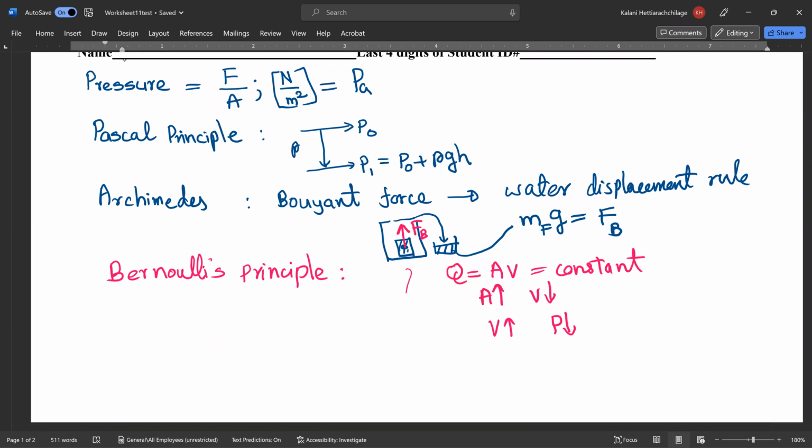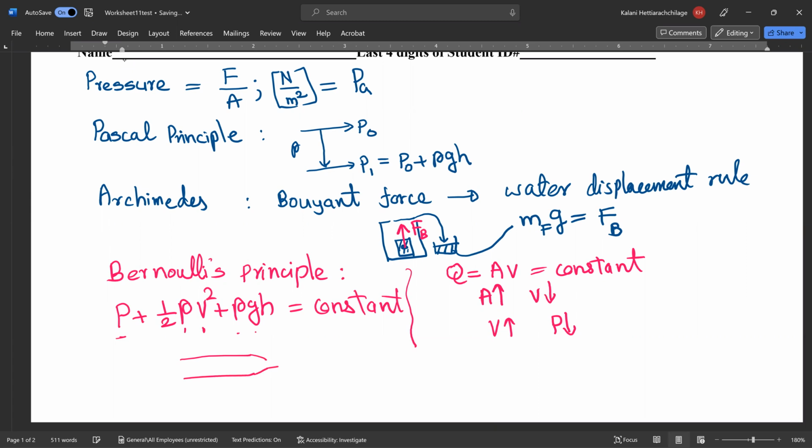But by putting everything together in formula form, we can write it as P plus one half rho V squared plus rho g h equals a constant. What that means is, you can see from this formula, this is pressure, this is the density of the fluid that will travel, this is velocity, and this is density, g, and the height. What it says is, if you have a tube like this, we'll say I have something like this.